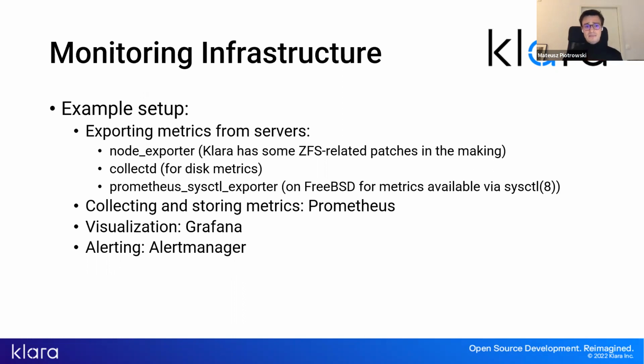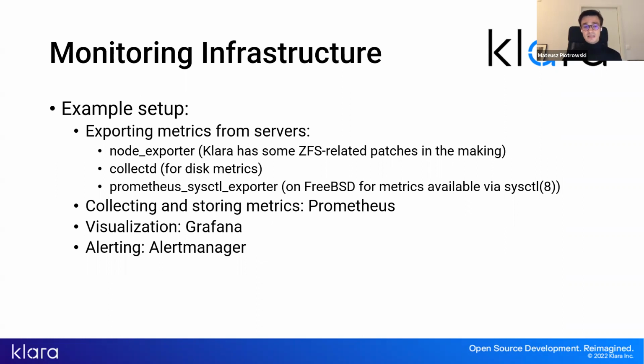So for exporting metrics from servers, you can use different exporters. For example, the popular ones are Node Exporter, which gives you a lot of information about the operating system and what is happening there in general, but it also has nice plugins, let's say, for ZFS.